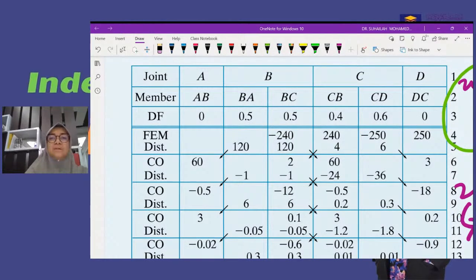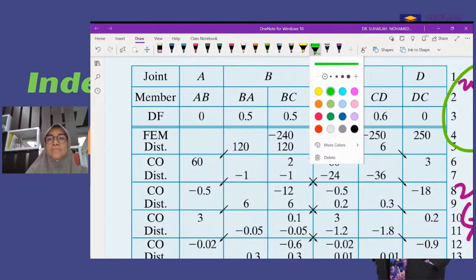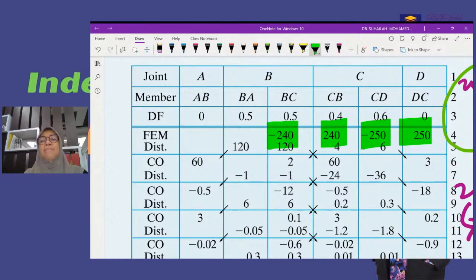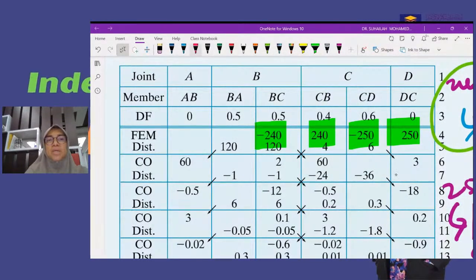Okay, so actually this is the first member end moment in the table.